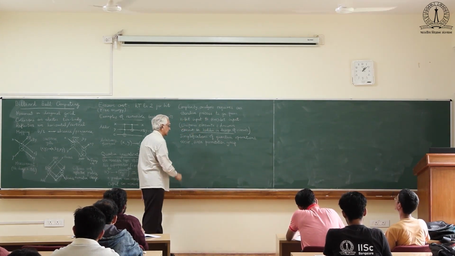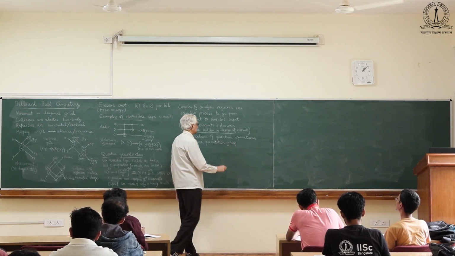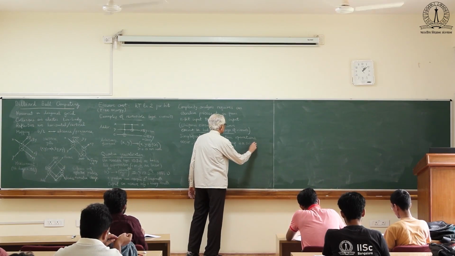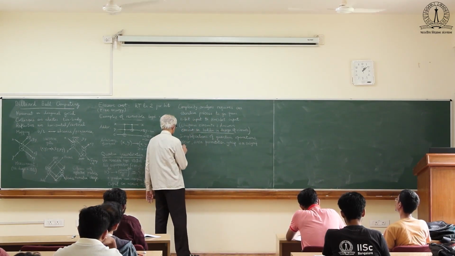The permutation group of reversible logic is a subgroup of the unitary group.